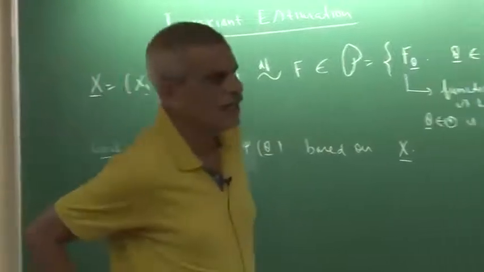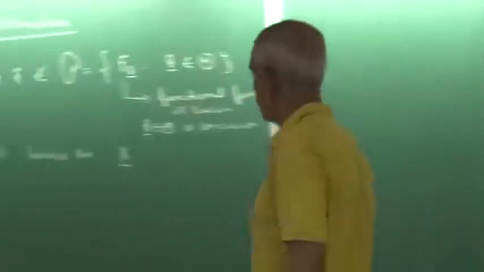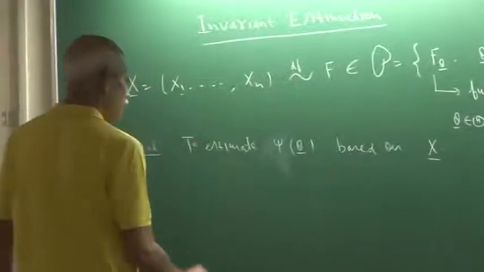Now, because your sample contains only partial information about the population, whatever decision you take may be erroneous. There may be some error in the decision which you take. This error is measured in terms of a loss function.